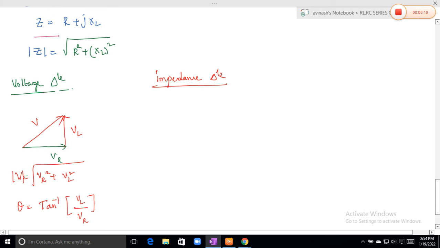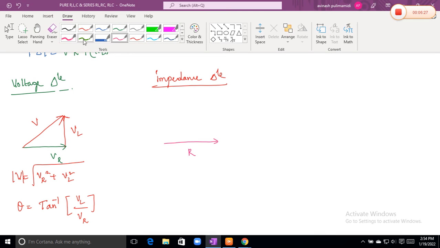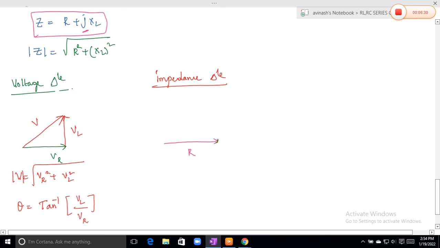Z is equal to R plus J into XL. Yes or no? If you take the real part, resistance R, then the inductive reactance XL will be at plus 90 degrees.